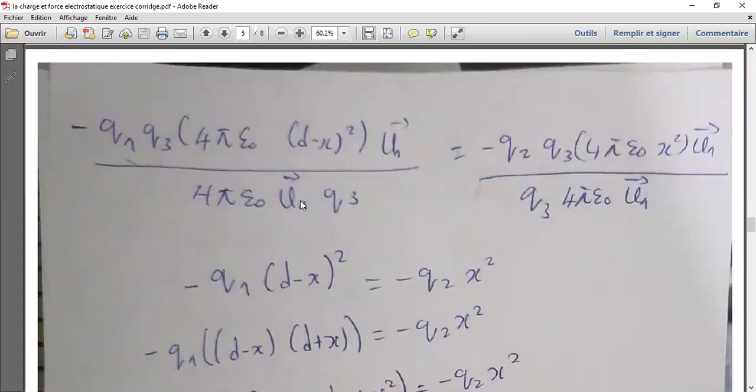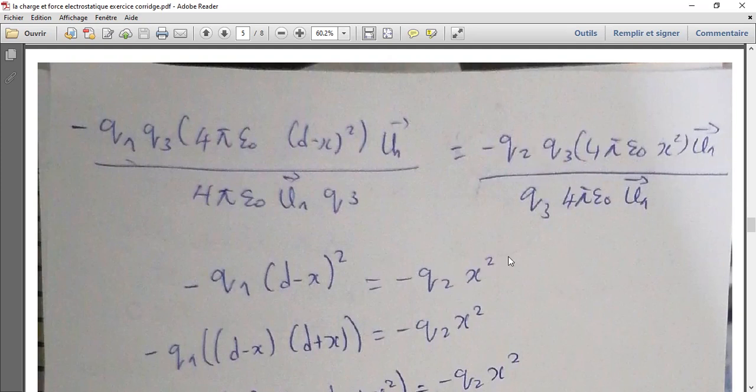That's why here when I came here, I just divided 4 pi epsilon 0, U1, Q3, which you see Q3 will cancel out, U1 will cancel out, 4 pi epsilon 0 will cancel out, which makes me remain with just negative Q1 d minus x squared, which is equal to, also you see that 4 pi epsilon 0 cancels out, U1 cancels out, Q3 cancels out, which remains just negative Q2 x squared.